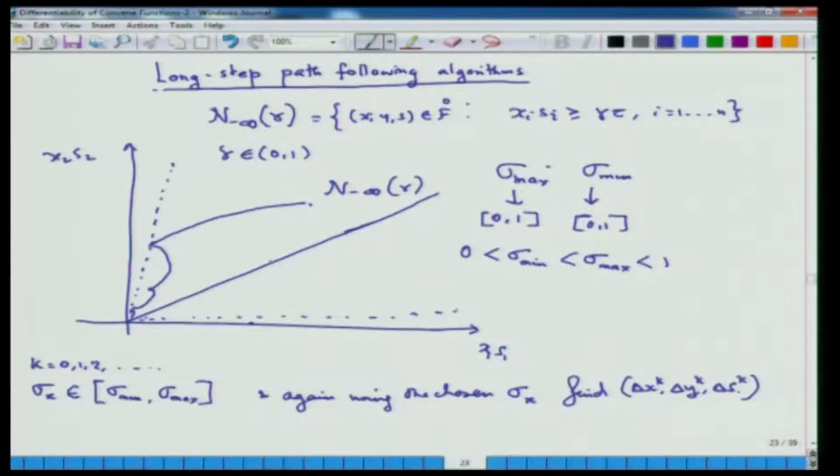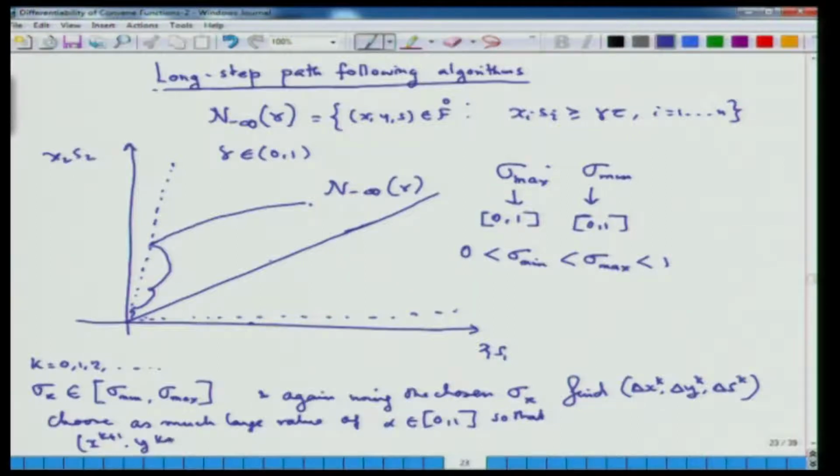Now choose as large a value of alpha in 0 1 as you can, so that x k plus 1, y k plus 1, s k plus 1, which is given as x k, y k, s k plus alpha times delta x k, delta y k, delta s k, is in the neighborhood, so it continues to remain in the neighborhood.